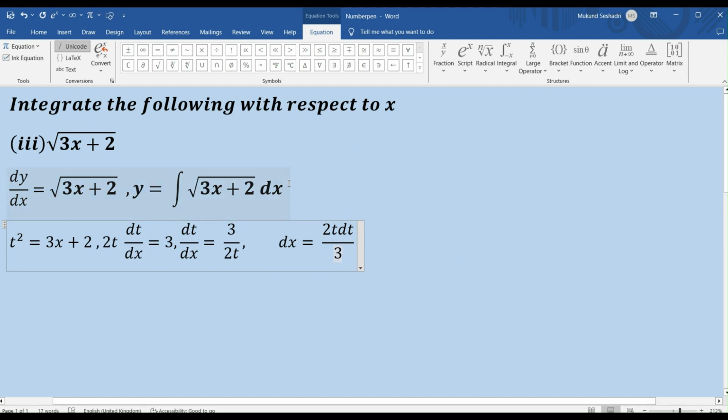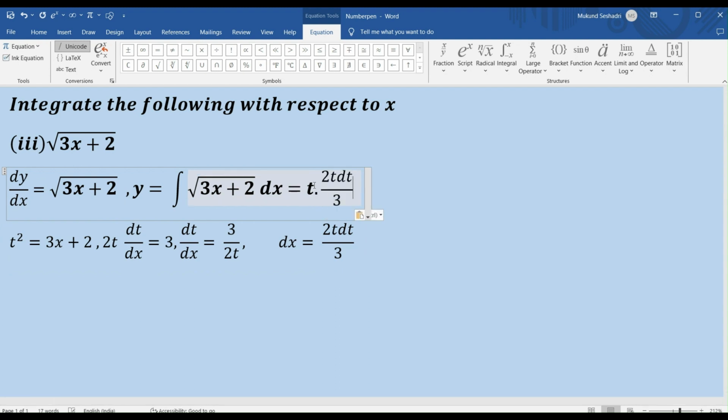Now I go back to the integral expression and I try and write my y in terms of t, right? So square root of 3x plus 2 is nothing but square root of t squared, which is t, times dx, which is nothing but 2 times t dt by 3, right? So this is what I get, right?